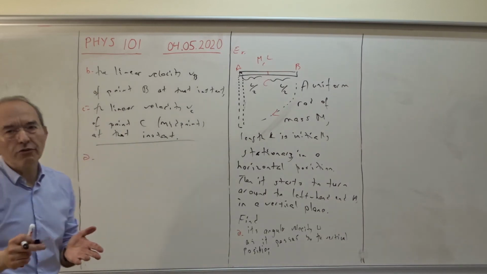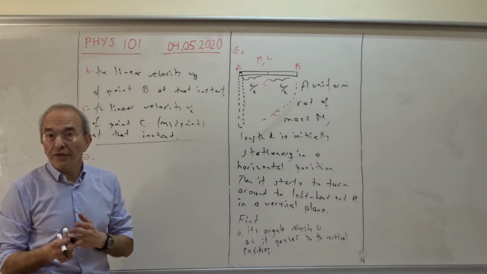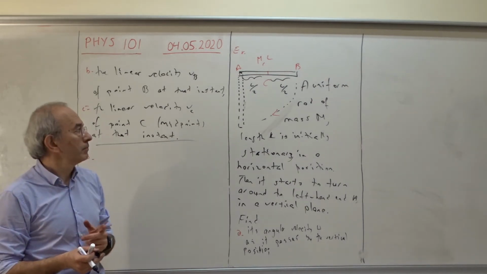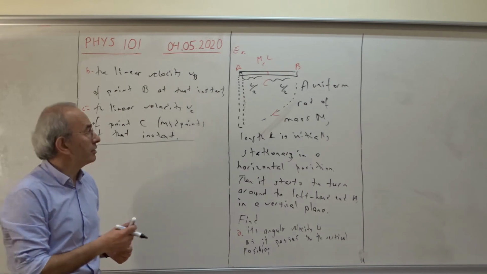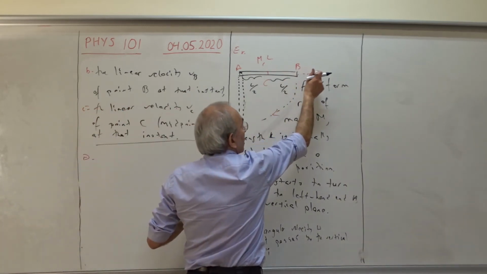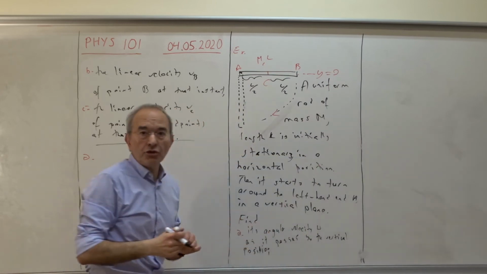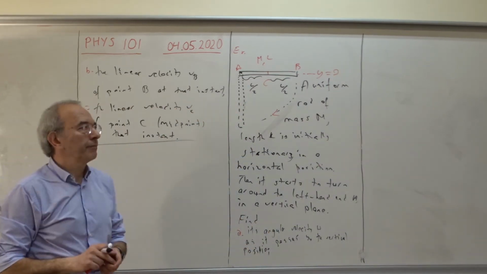Now we again obviously have a conservation of energy problem. If we set any position as our zero position, such as this one for instance, it can be chosen as the zero level at the beginning.